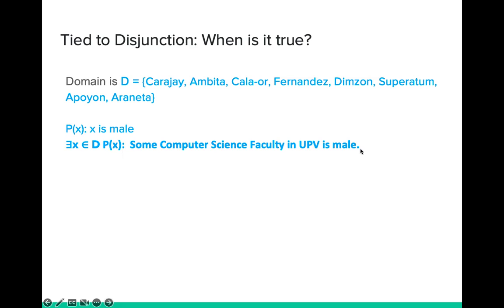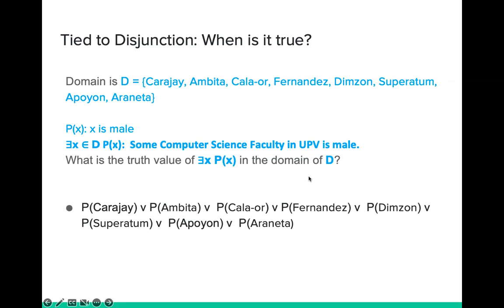Expressed in natural language, there exists a computer science faculty in UPB who is male. So what will be the truth value of this quantification statement, given that x is in the domain D, containing a list of computer science faculty?